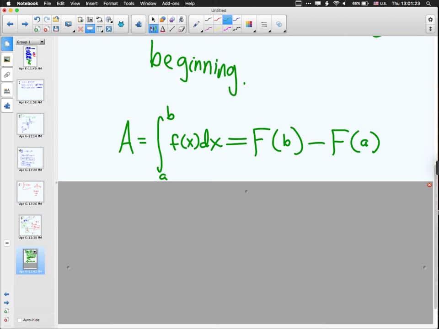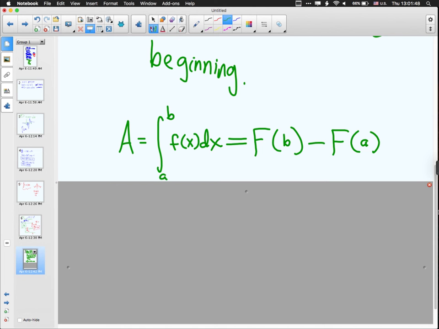What was that? Is the F there? Yeah, because that's the capital F. So that's how we're going to be able to find the area under a curve.